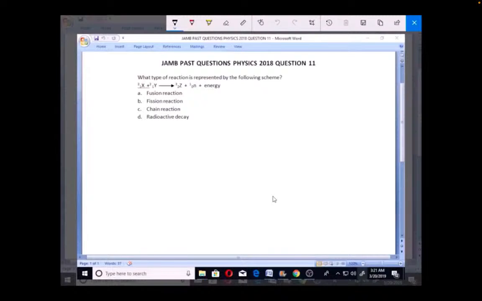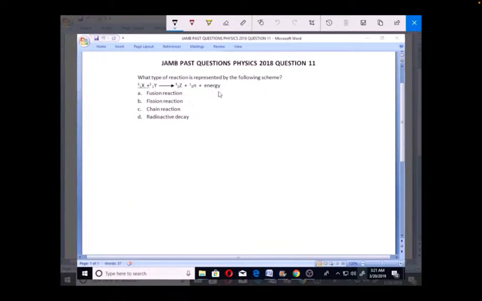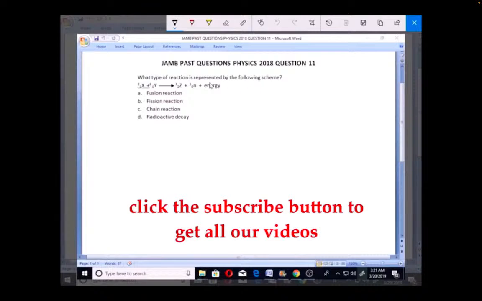Welcome. Let's look at this question number 11 for JAMB Past Questions Physics 2018. The question goes, what type of reaction is represented by the following scheme?